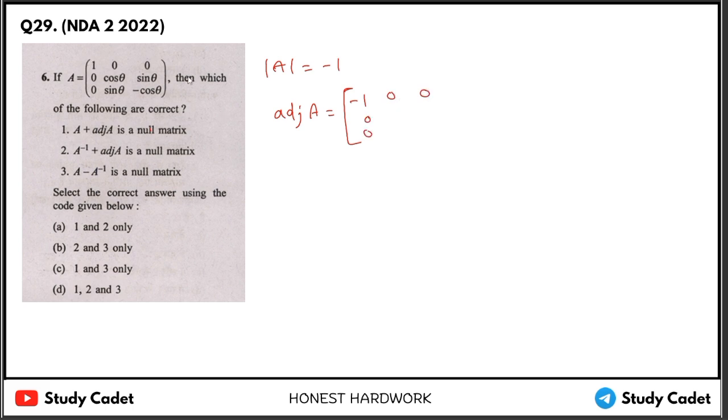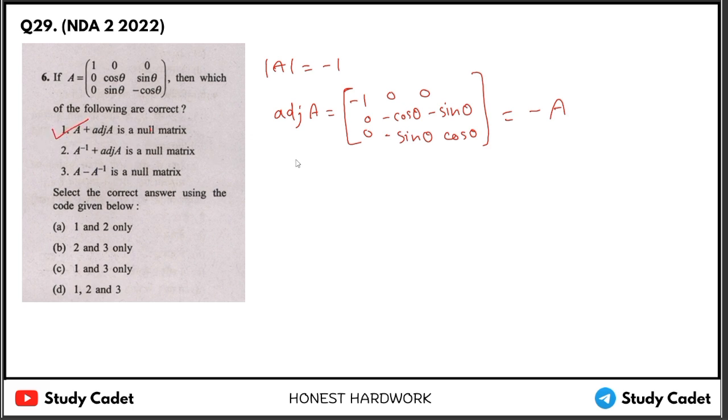Middle one is minus cos theta, and then sin theta, this is minus sin theta, but the sign will be negative, and same here minus sin theta, and this will be cos theta. So we can see that minus 1, it is minus A, so the first option is correct.